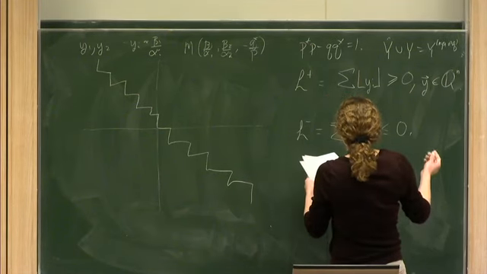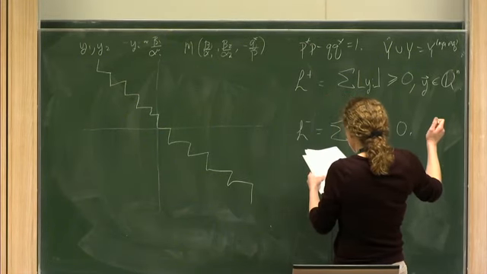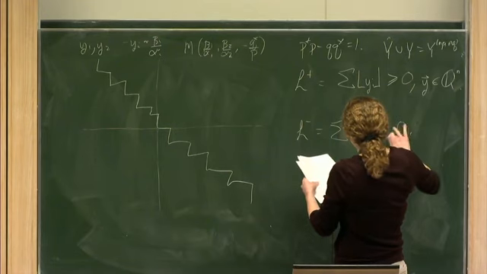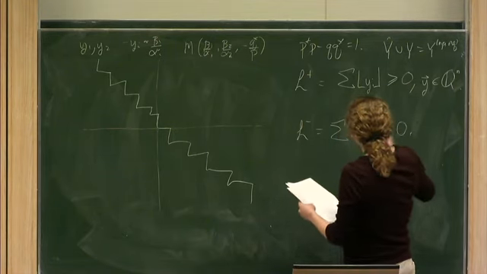So it's 0 is less than or equal to some guy.